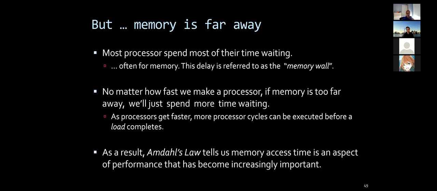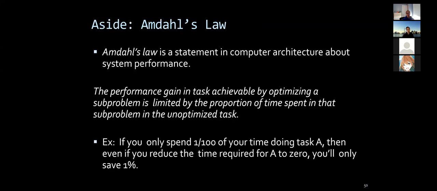As a result, there is a law called Amdahl's law that you're going to hear in a lot of other courses potentially, that tells us conceptually how different things are optimized. Amdahl's law tells us memory access time is an aspect of performance that has become increasingly important.